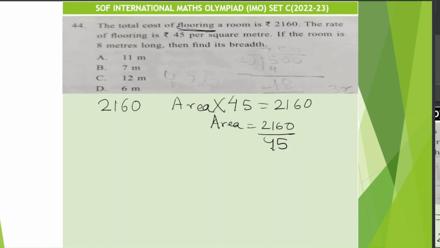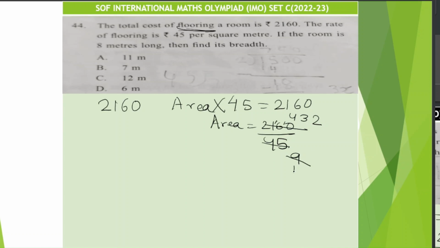Let's divide. 5 nines are 45 and then 5 fours are 20. 21 minus 20, 1 comes here, so it becomes 16. 5 threes are 15. 16 minus 15, another 1 comes here. So 5 twos are 10. Now it becomes 9 and 432. 432 is a multiple of 9.